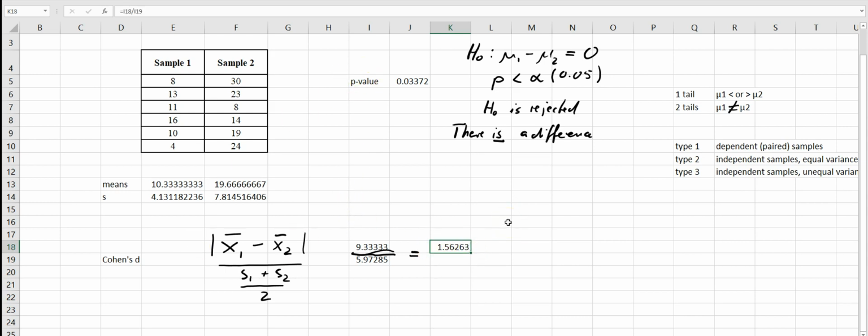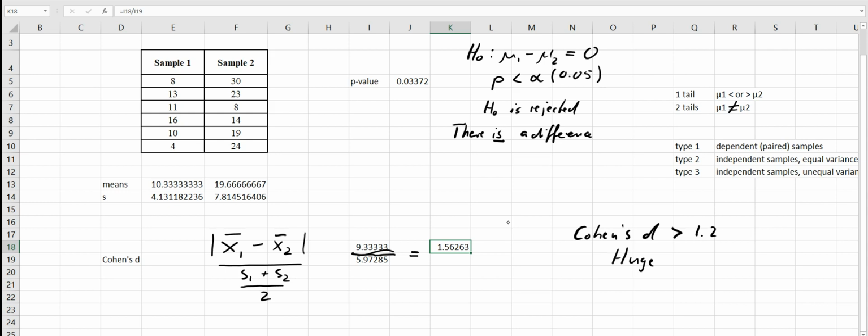and this gives us a Cohen's d of 1.56. And if you remember from the list, Cohen's d larger than 1.2 is considered a huge effect.